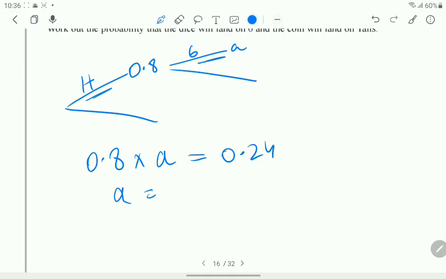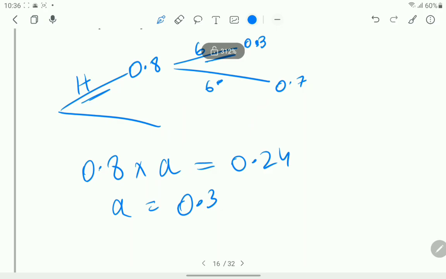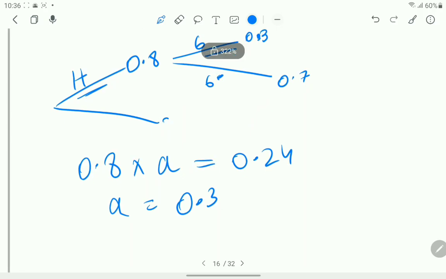So a would be 0.24 divided by 0.8, which is 0.3. So the probability of getting a 6 is 0.3, and since the total probability is 1, the probability of not getting a 6 would be 0.7, and the same is the case for tails. So 0.3 for a 6 and 0.7 for some other number.